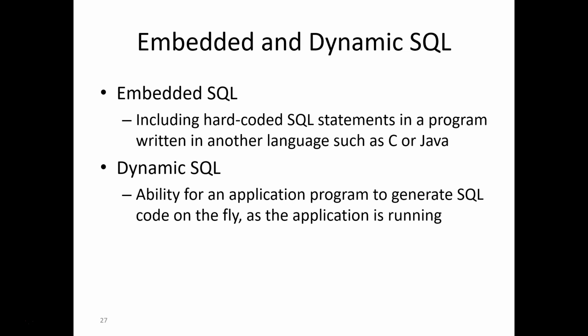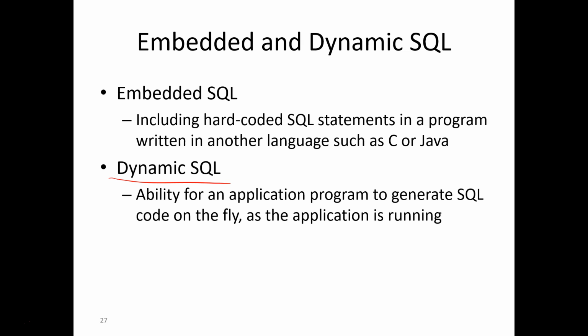This option gives application programmers a lot more flexibility and control over how to access and use the database. In most application programs today, embedded SQL statements are what we call dynamic SQL statements, which are SQL statements that are generated on the fly.